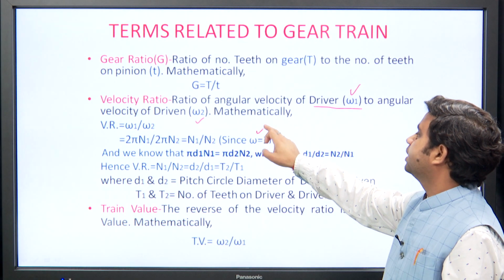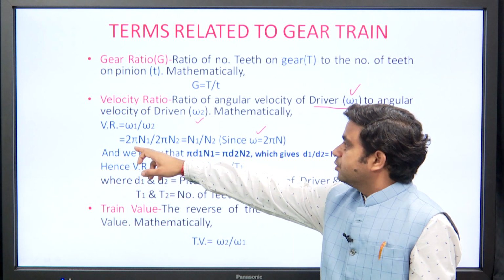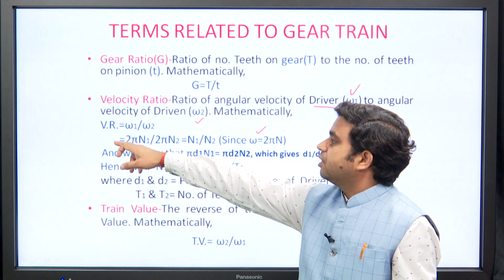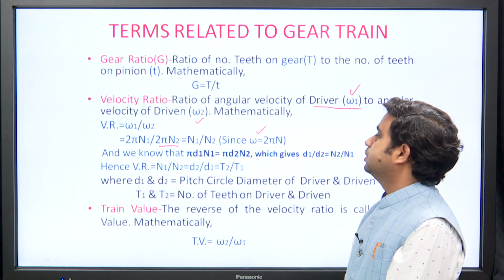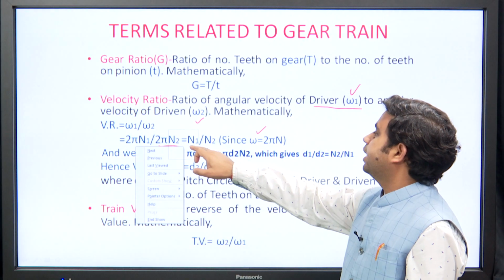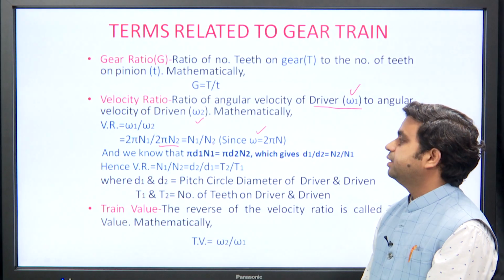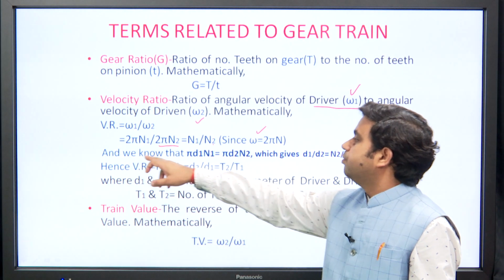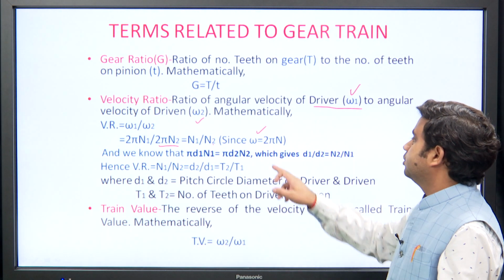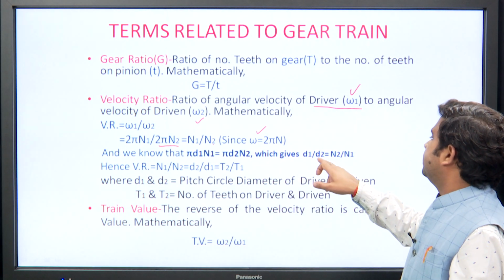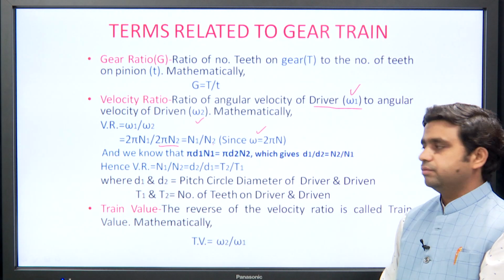Since we know that omega is equal to 2 pi n, we can have velocity ratio equal to 2 pi n1 by 2 pi n2, that becomes equal to n1 by n2. And in the next line we know that pi d1 n1 is equal to pi d2 n2, from which we find d1 by d2 is equal to n2 by n1.